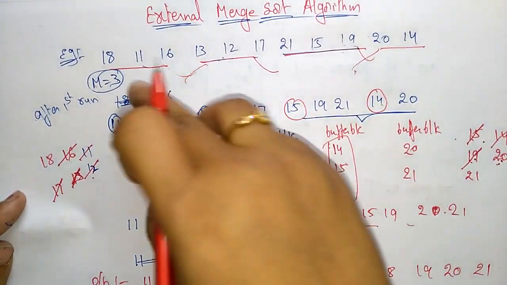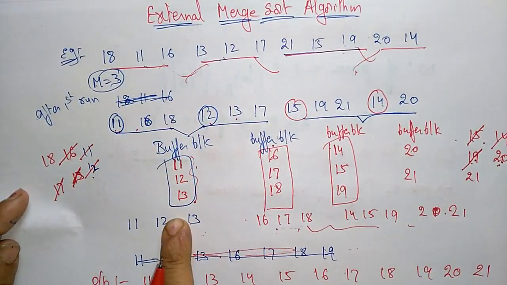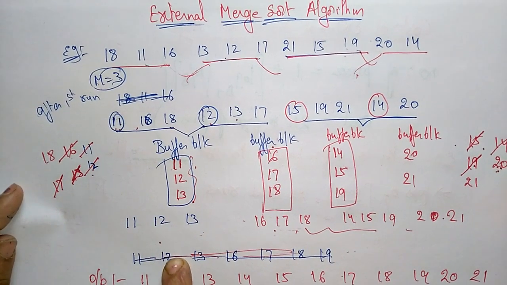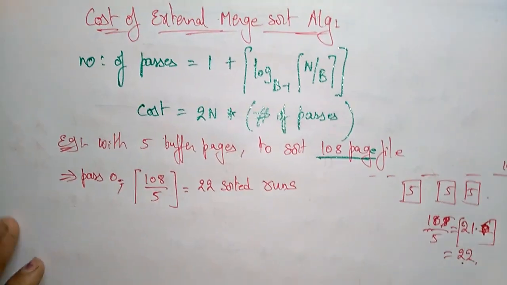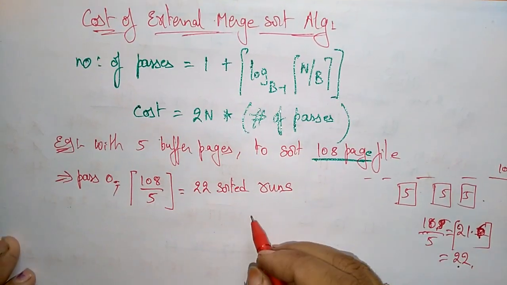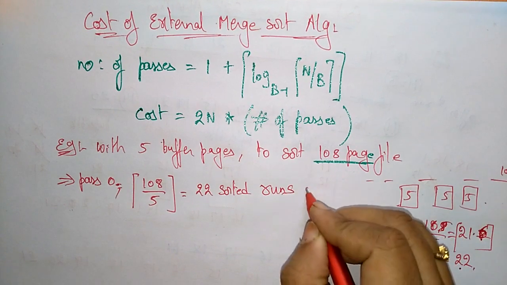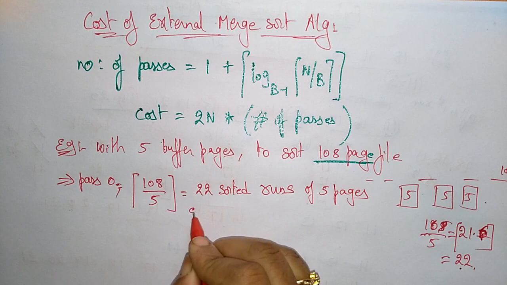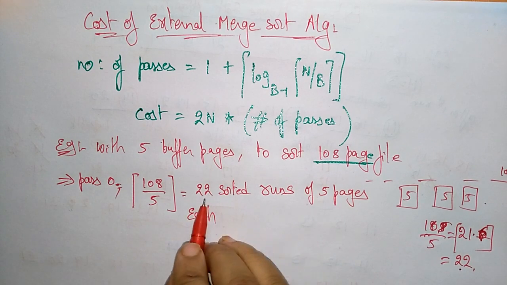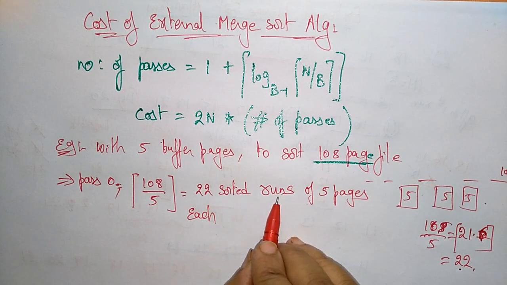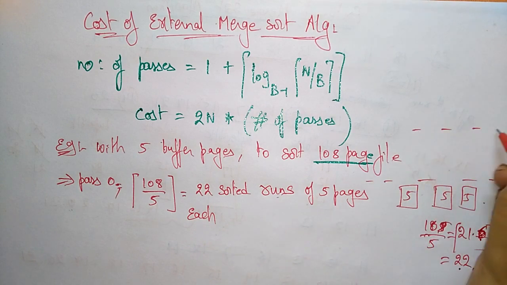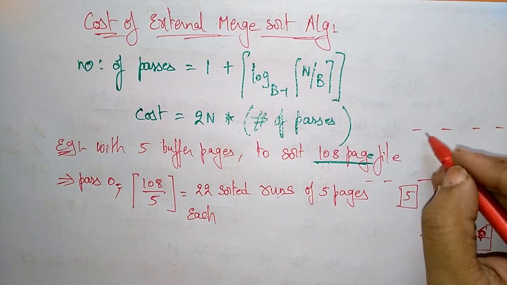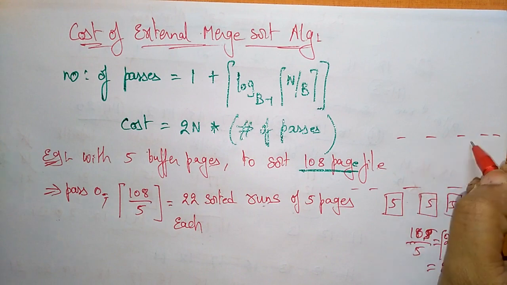These you call the runs. This is the first run, after that I do the second run, then the third run, like that. So in pass 0, there are 22 sorted runs of 5 pages each. Instead of 108 pages, these are converted into 22 sorted runs.